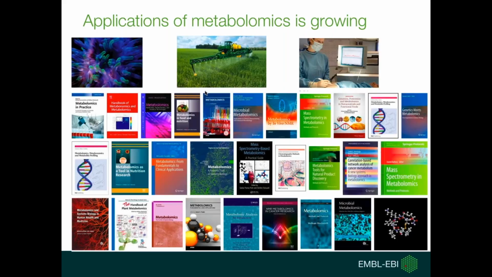But it's not just in medicine. It changes in the environment, agriculture. There is an even larger group of people doing metabolomics in plant sciences than in medical sciences. In environment, there's a growing area, in oceans, and you can see that there are huge textbooks, plenty of them, specific to areas like microorganisms, microbiome, plants.